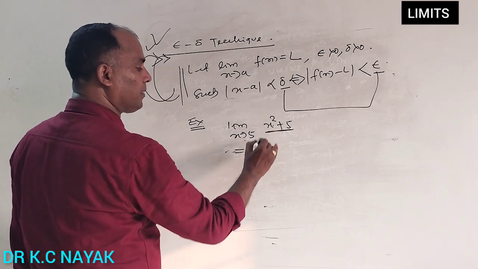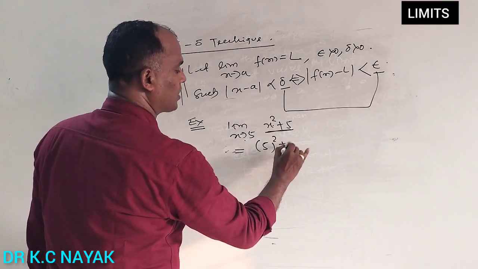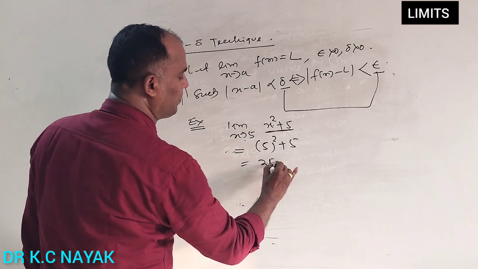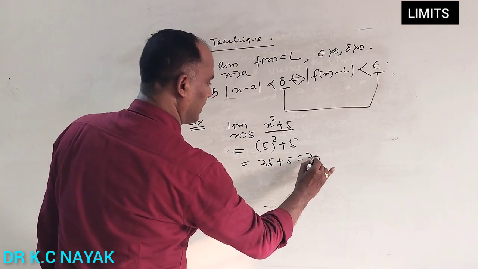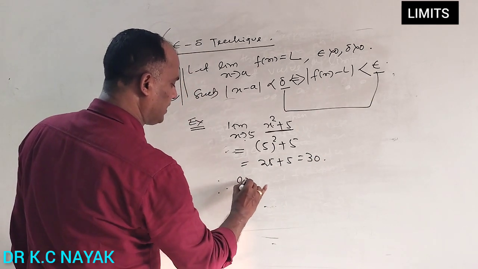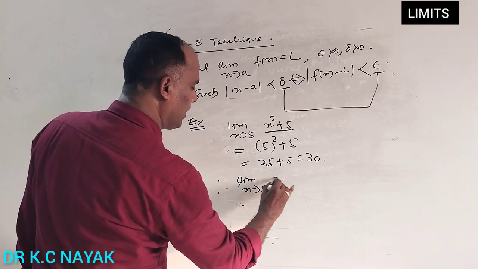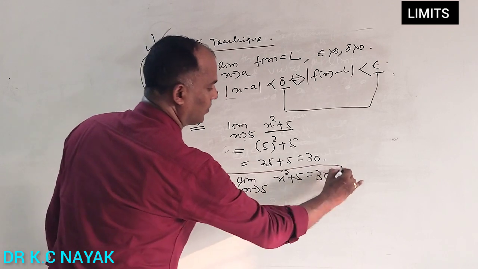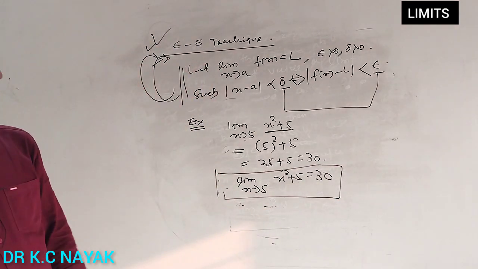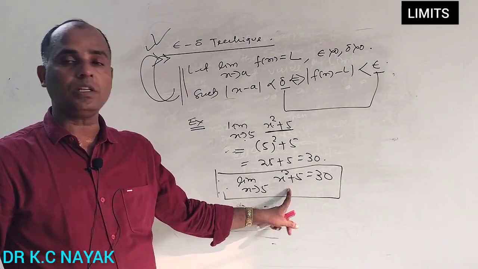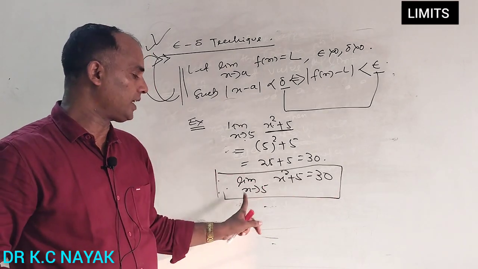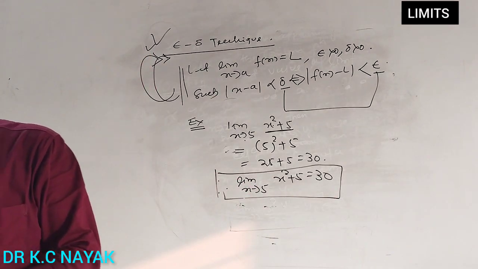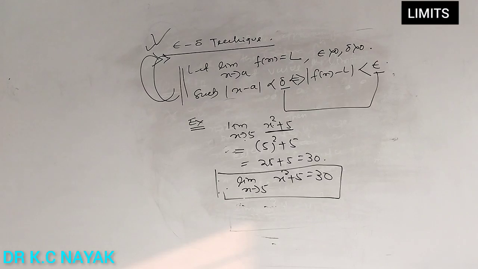We can put the direct value here: 5 square plus 5, which is 25 plus 5, equal to 30. That means the limit as x tends to 5 of x square plus 5 is 30. Now this limit is complete because it has a limiting function, a limiting value, and an approaching value. Now we justify by the epsilon delta technique.